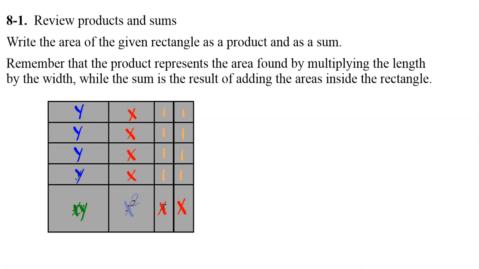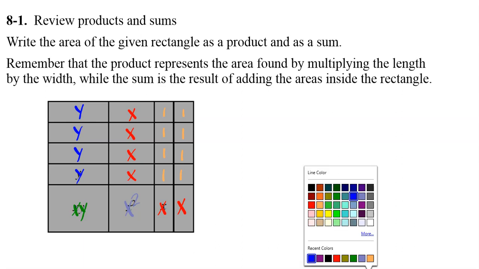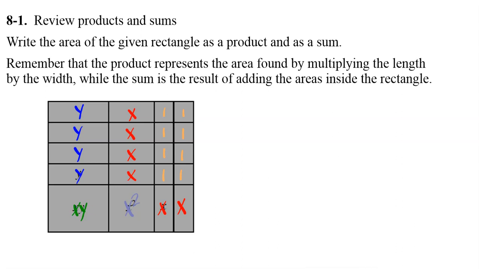And if we were to look at this and try to figure out what we have inside, ultimately we take these and we just add them up. It helps with a little bit of organization. So we've got an xy, one xy tile.